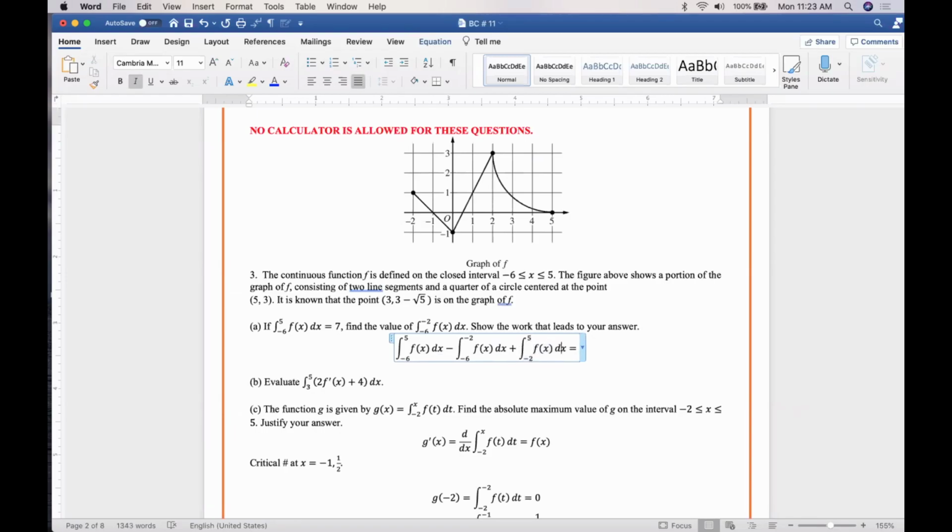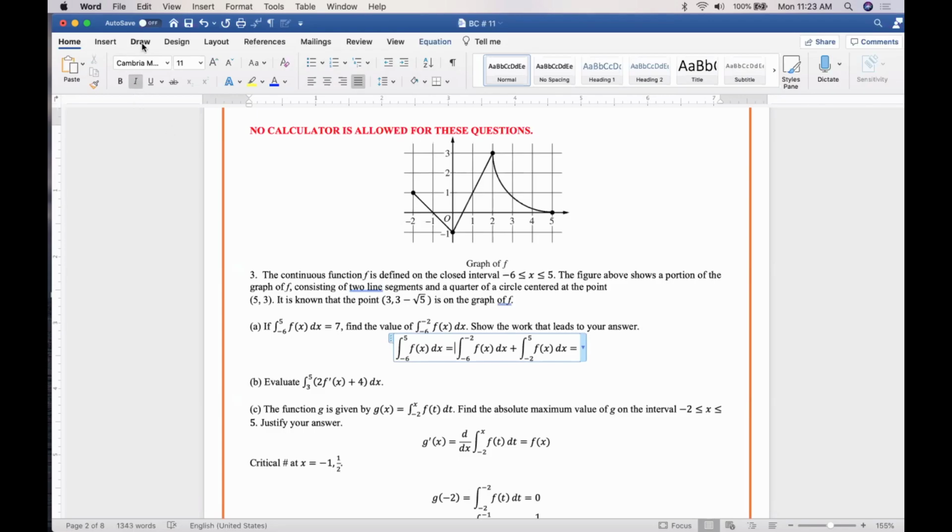Is that clear? Because the integral means area. The integral of one part plus the other part equals the integral of the whole thing. Area plus area equals the whole bigger area.